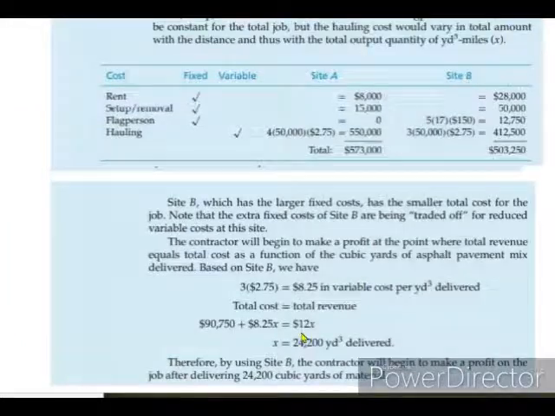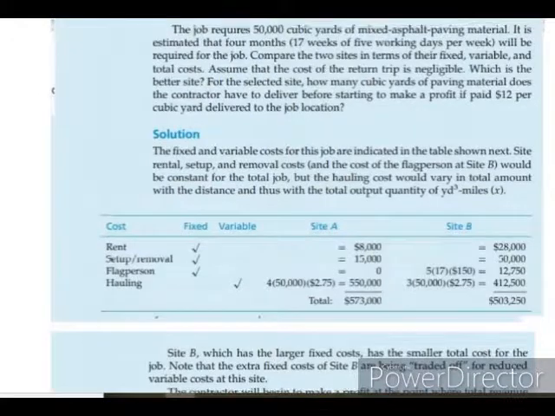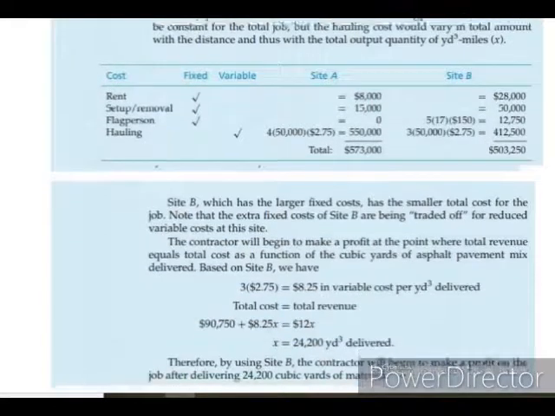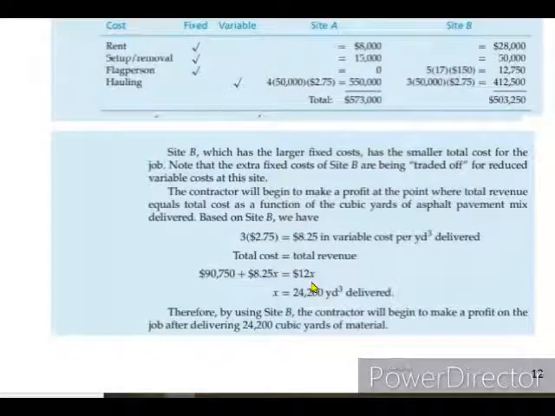Why is it $12? Because $12 is the profit paid per cubic yard delivered to the job location. That's why it has a variable X. So solving the equation, we have X equal to 24,200 cubic yards delivered.